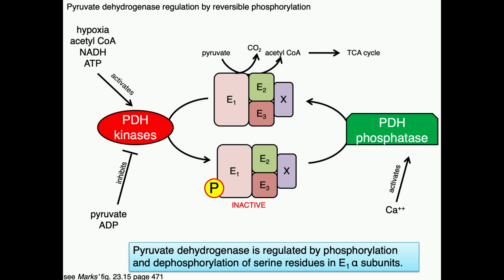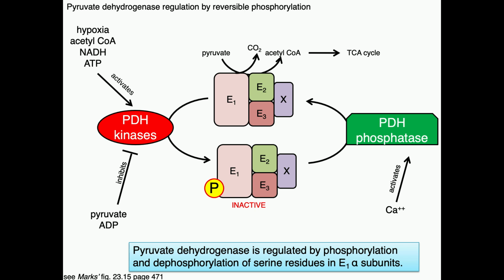Then kind of the converse, they're also activated in conditions of hypoxia, because if you don't have oxygen for the electron transport chain, you shouldn't be putting substrates and reducing equivalents into the TCA cycle. Okay, so there's kind of two conceptually different things that are activating the kinases. And when the kinases are phosphorylating the E1 subunit, that's inactivating the enzyme, preventing pyruvate from going into the TCA cycle. In that case, the cell has to try to switch to either anaerobic glycolysis or using fatty acid or amino acid oxidation for fuel.